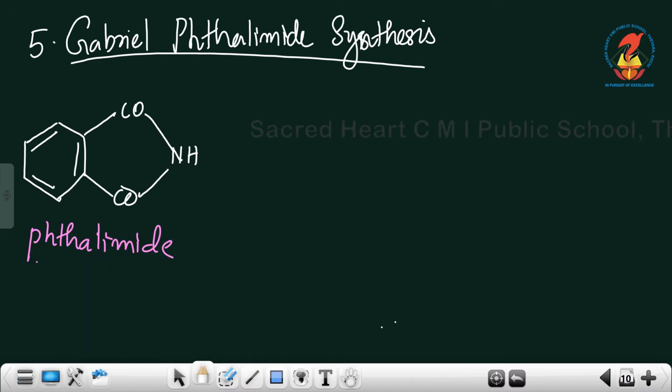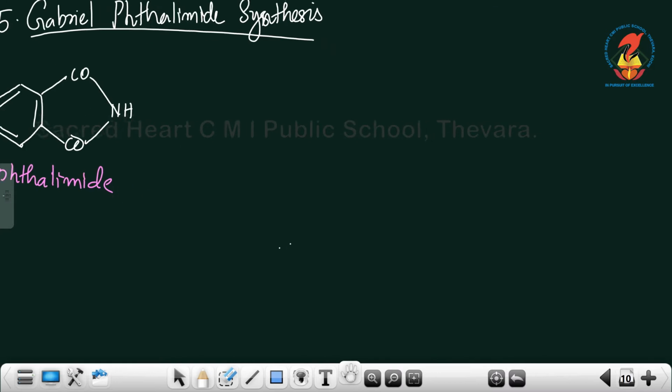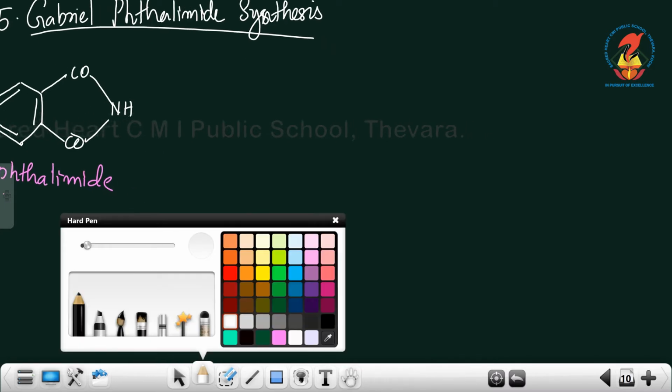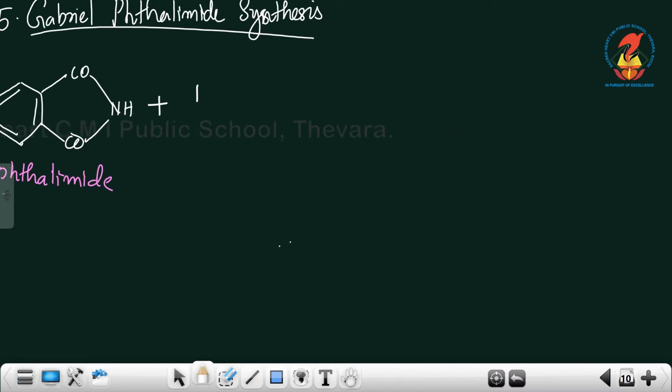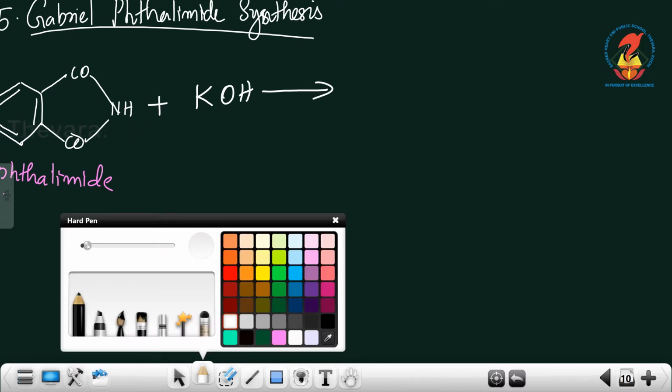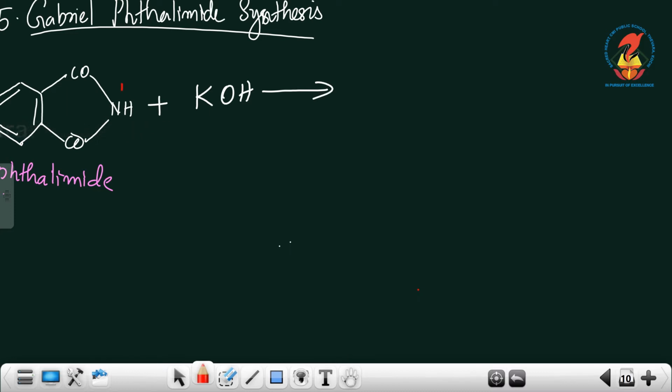In Gabriel phthalimide synthesis, the starting compound is phthalimide. First we are treating phthalimide with alcoholic KOH or ethanolic KOH. What happens here is there will be elimination of water. OH will be taken from KOH and hydrogen will be taken from phthalimide.